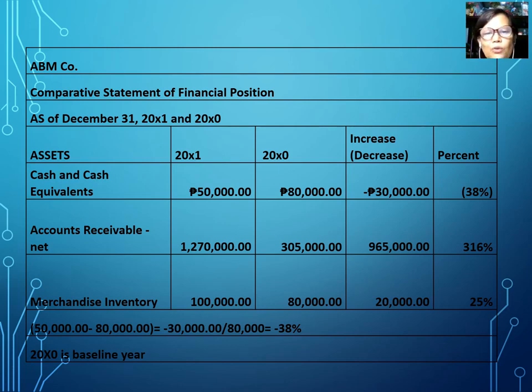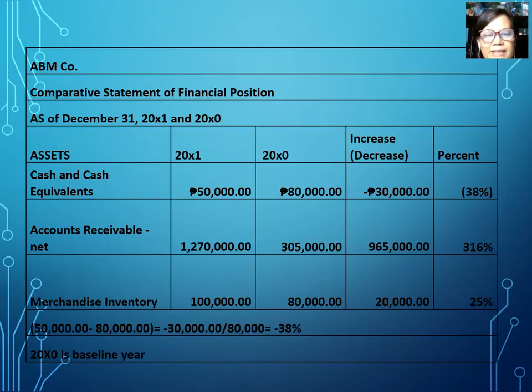And in 20x0, it is only 305,000. So, there is an increase of 965,000. Where did you get it? 1,270,000 minus 305,000. Okay? And then, the percent is 316%. Okay.